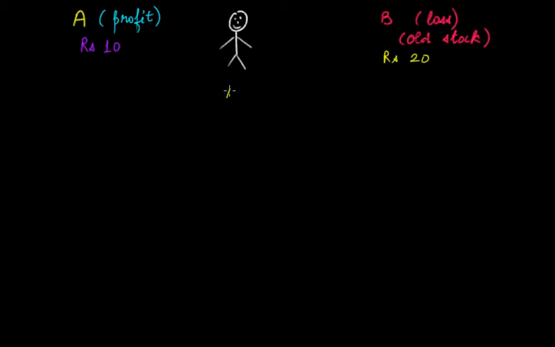Now, at the end, suppose in the month of April, by the end of the month of April, you have sold item A, let's say, 10 times.